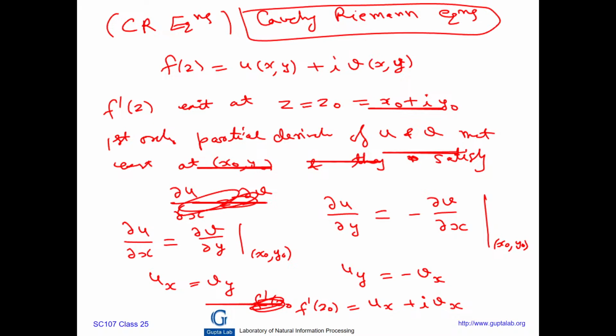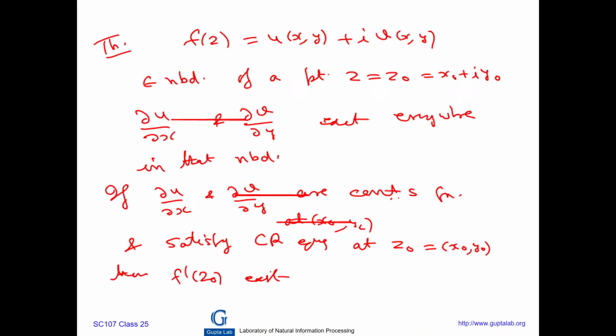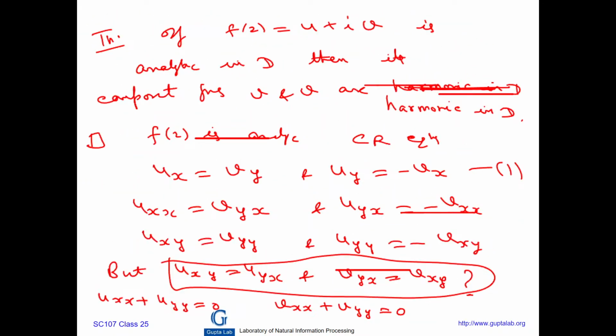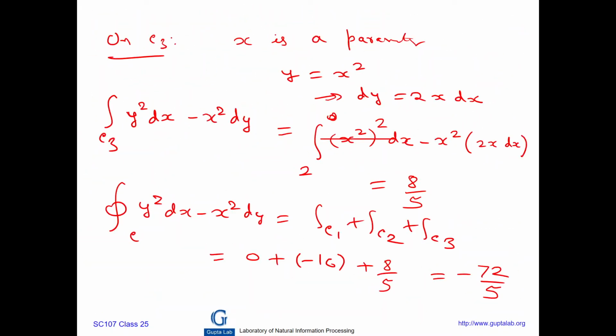U and V will satisfy del square u is equal to 0 and del square v is equal to 0. Right? Laplace equation को satisfy करेंगे. Let us do one or two examples actually. Let us do one or two more examples on analytic functions, okay?